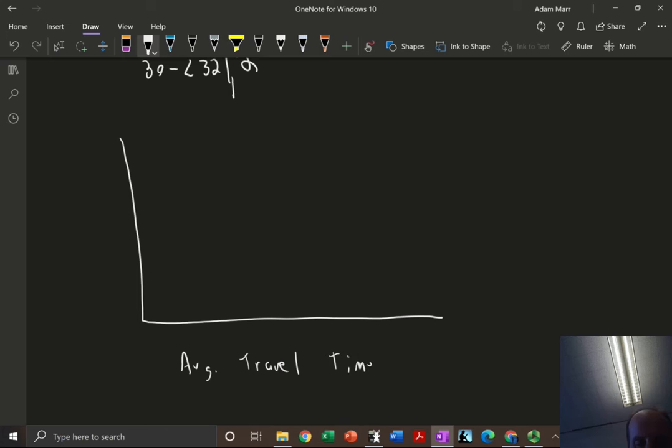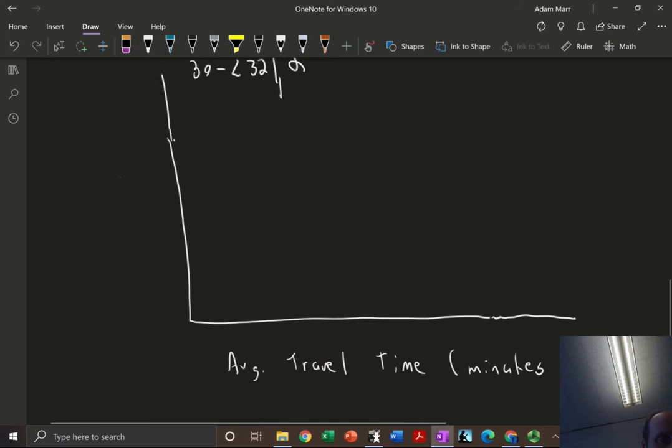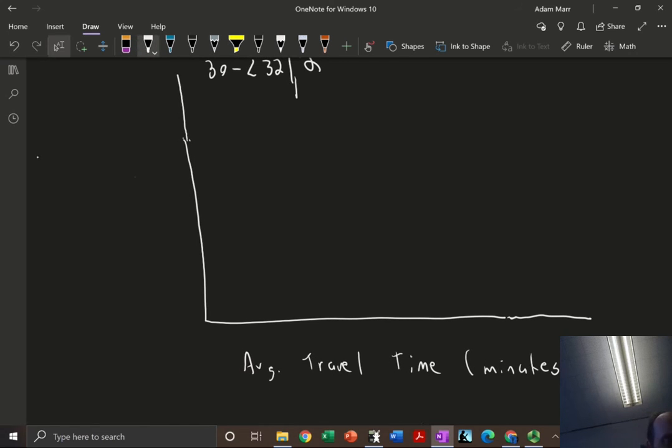Average travel time goes on the x-axis, and that's in minutes. On the left is going to be frequency. Sorry, let me try to write this a little bit better. There we go.